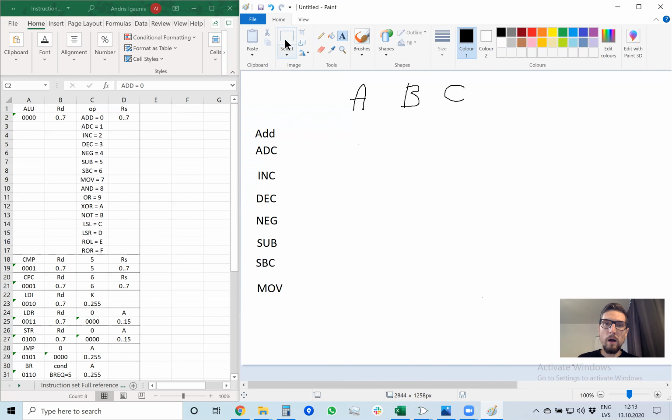So for our arithmetic unit, we have inputs A, B, and carry in.